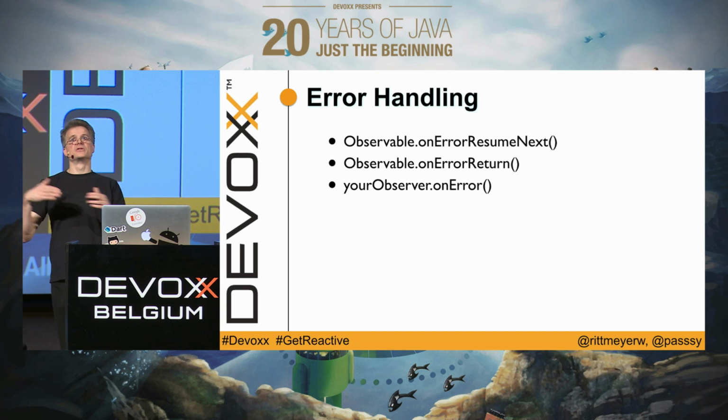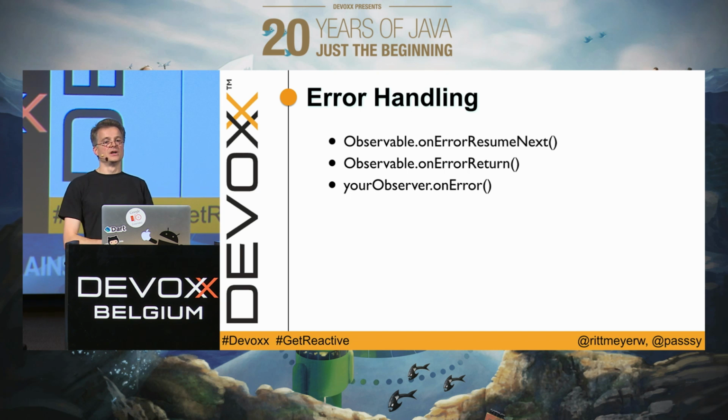Or if you want to go on with a different observable, you could use onErrorResumeNext. So say you have an observable for a network call. It's bound to go wrong, or it could very likely go wrong. So you would consider using onErrorResumeNext to switch to an observable that uses stale data from a cache to display in the UI instead.